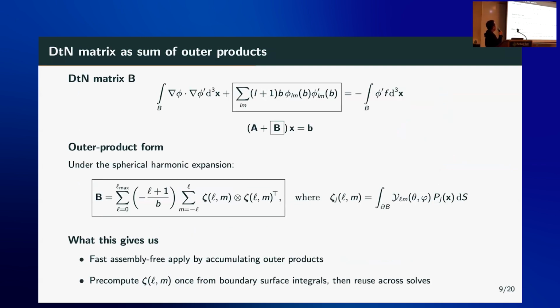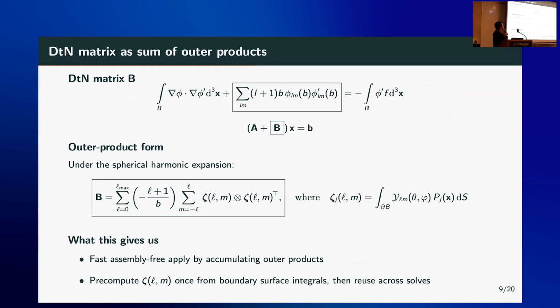So if we substitute this exterior solution into our weak form, we find that we have an additional term, boxed here, the matrix B. When we expand it, we find that it can be expressed as the outer product of two vectors.